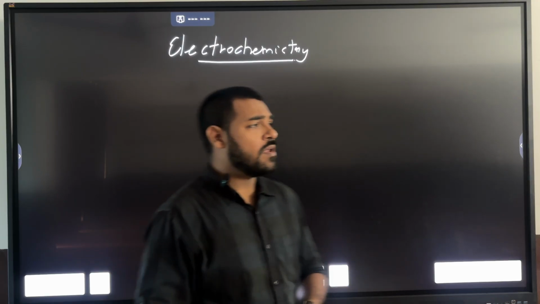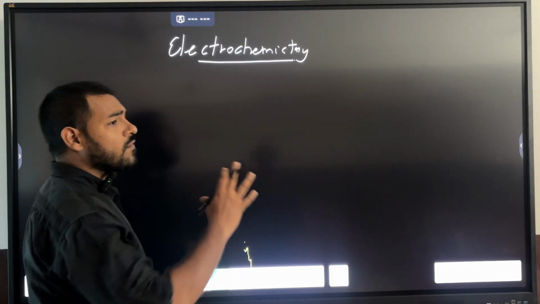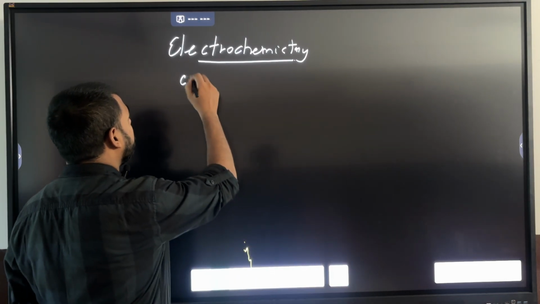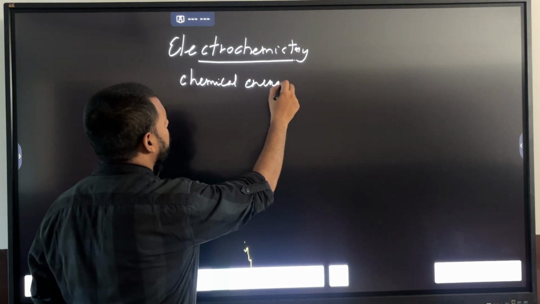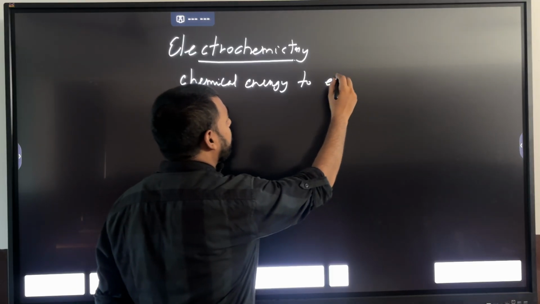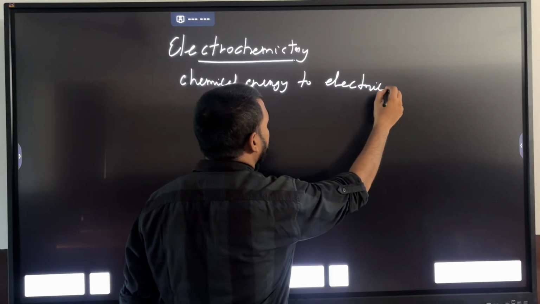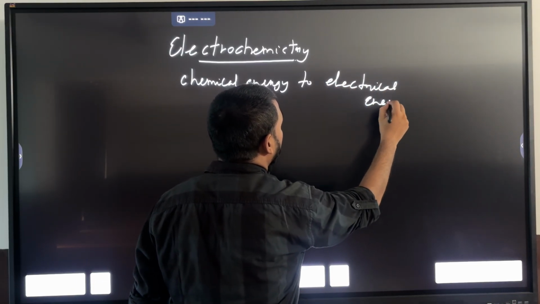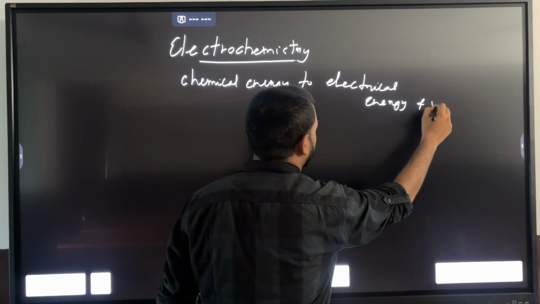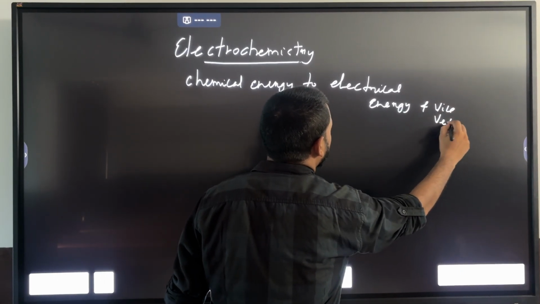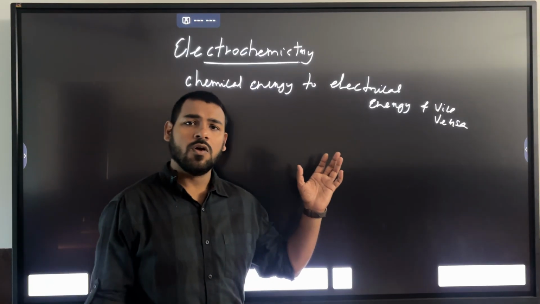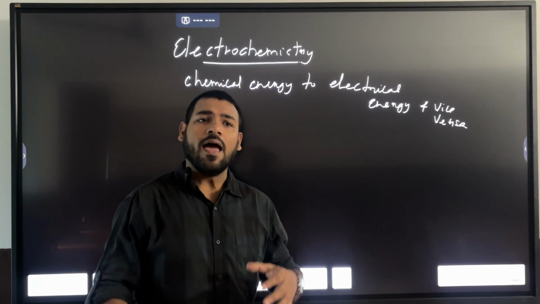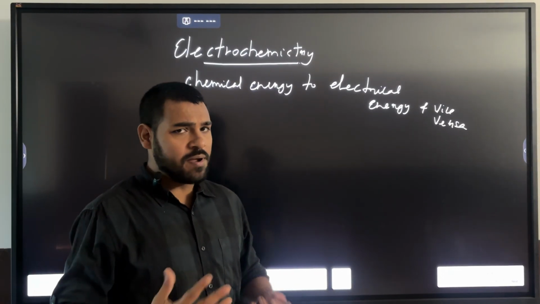And now in this chapter, we will deal with the conversion of chemical energy to electrical energy and vice versa. This means we have to convert the chemical energy to electrical energy and electrical energy to chemical energy.